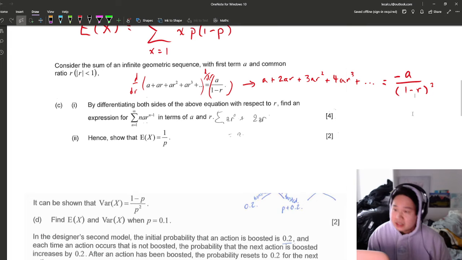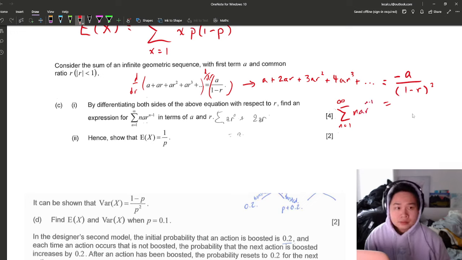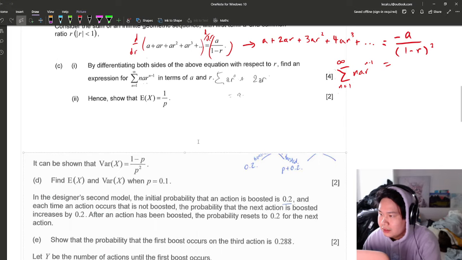Okay, so that means that this sum is this expression on the right. Hence, show that the expected value is 1 over p.